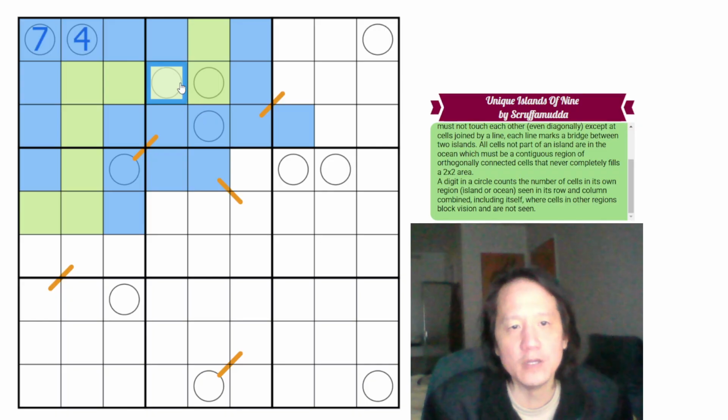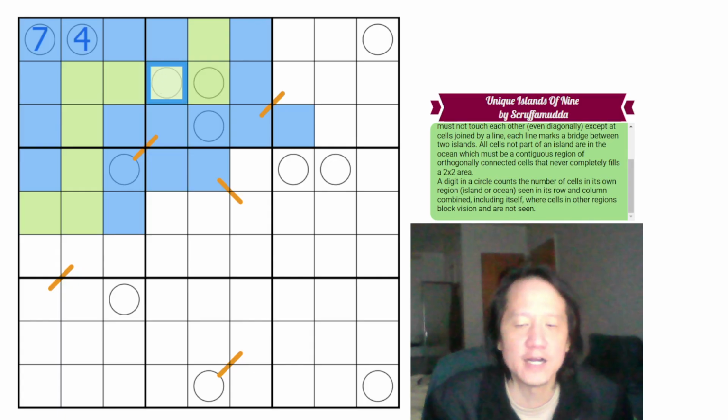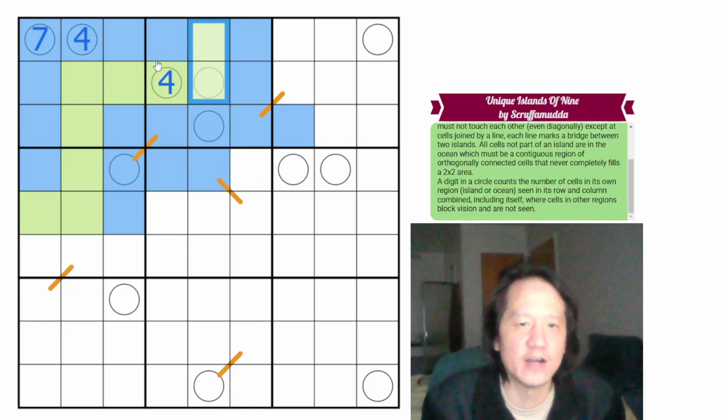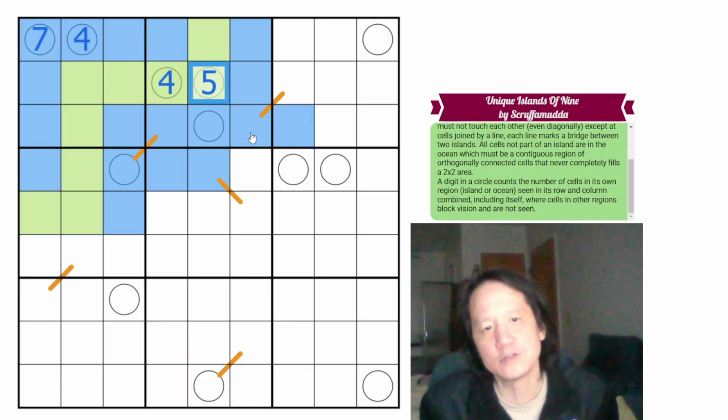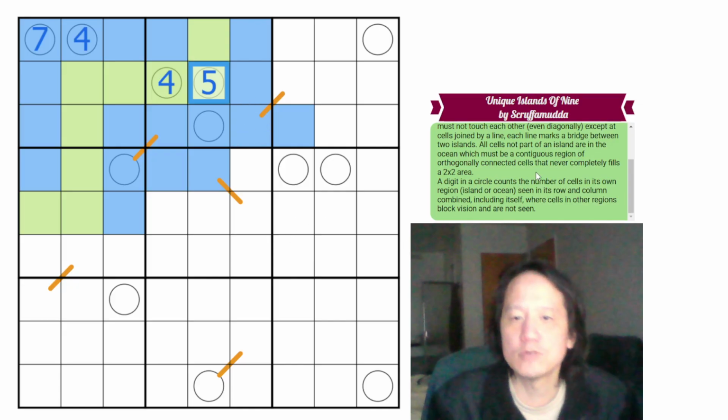This would be 4 also, because it sees 1, 2, 3, 4 island cells, and it's an island cell itself. This would be 5, because it would see 5 island cells, right? Because it sees 1, 2, 3, 4 is blocked by the ocean, and it sees that one. So this would be 5 in this example. And that's how circles work.